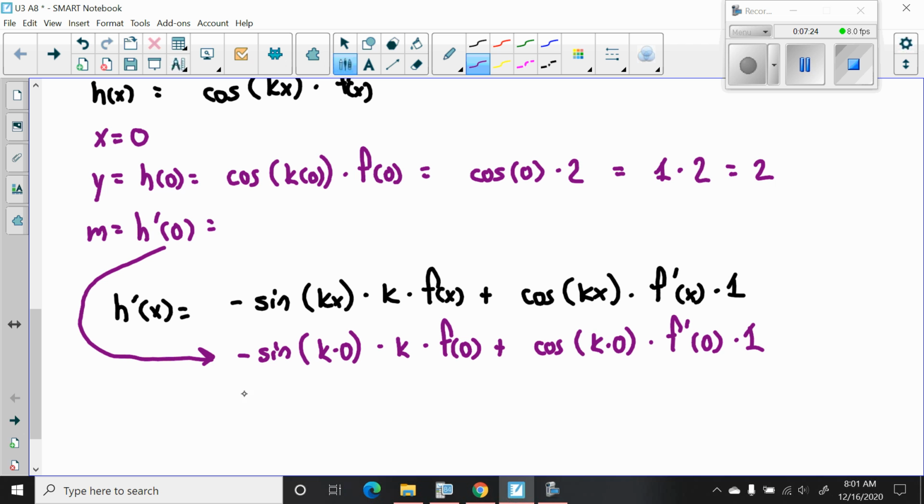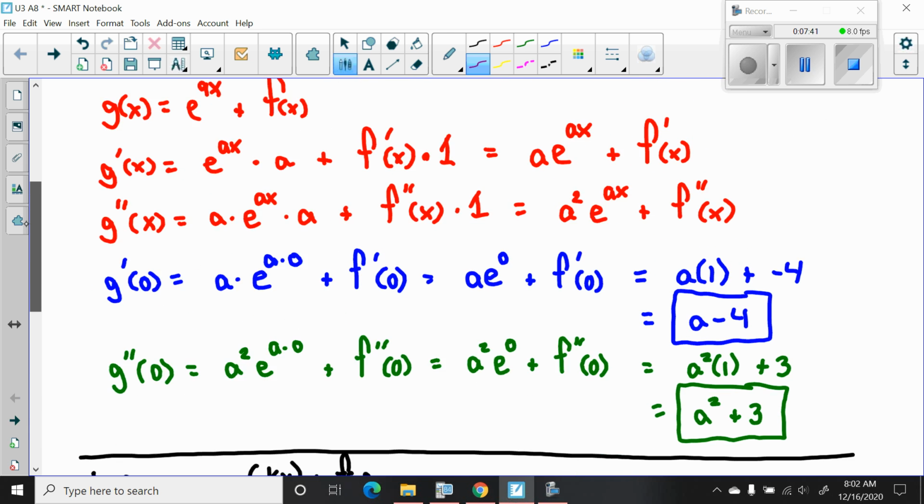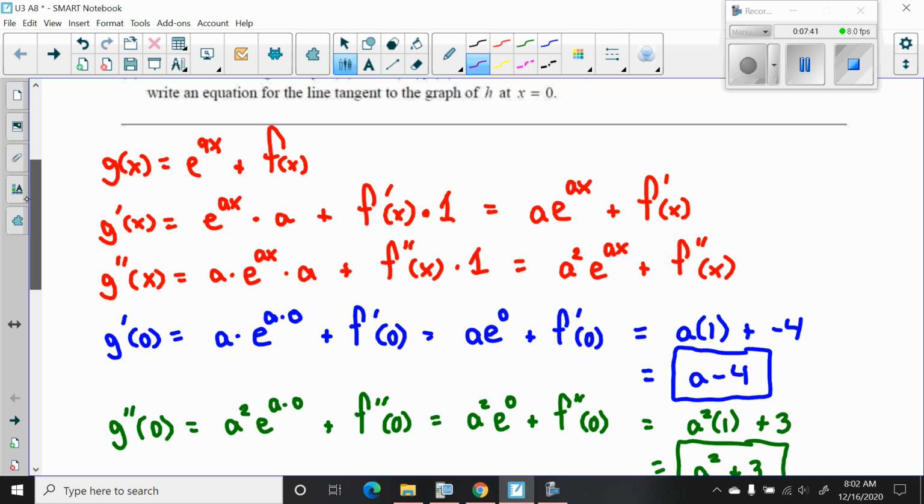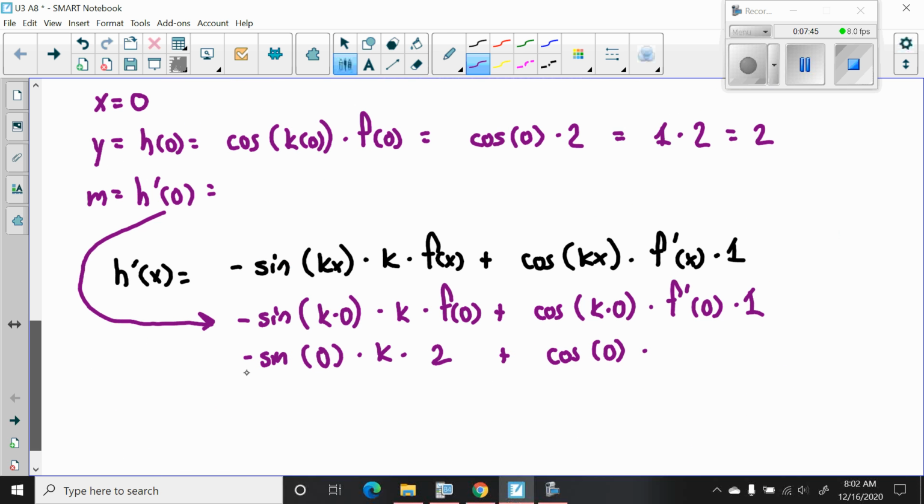All right, well, negative sine of 0 times k times f of 0, which is 2 from earlier, plus the cosine of 0 times f prime of 0, I want to say it's negative 4, times 1.